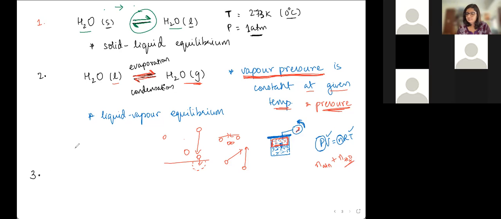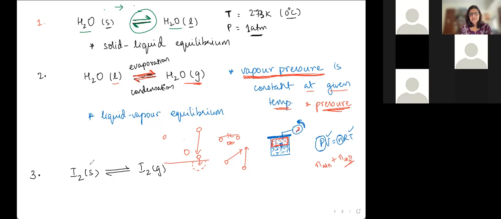Next. We touched on solid-liquid, liquid-gas, then solid-gas also has equilibrium. Sublimation, let's take iodine. Iodine solid goes to I2 gas.